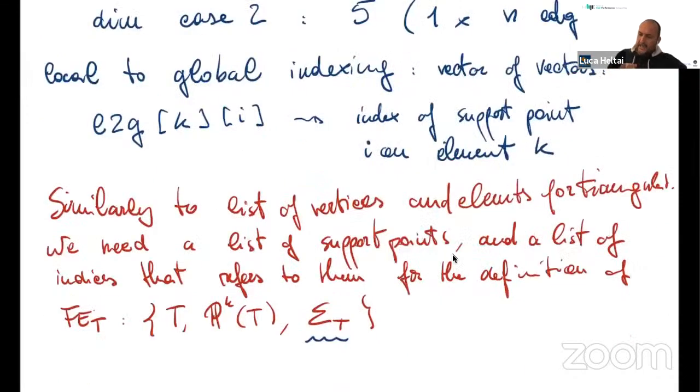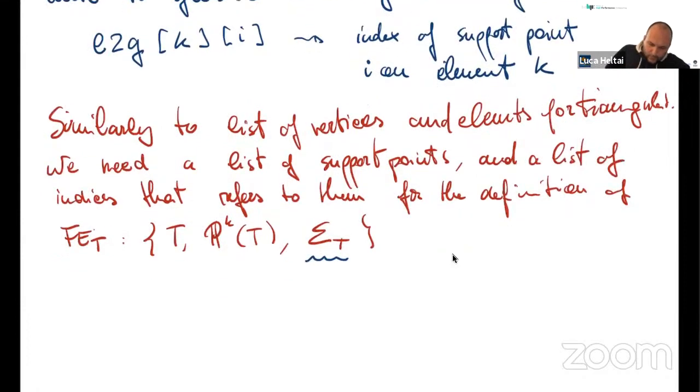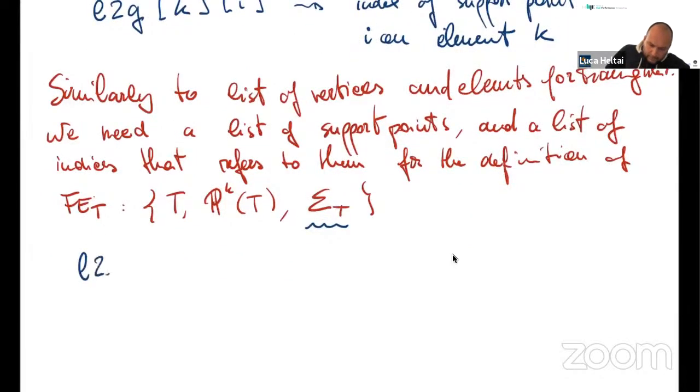Local to global K I is the index of support point I on element K. For local to global, I will use the mathematical notation instead of the computer notation now. I'm saying here that L2G K I, in our case, has K going from 1 to 2, and I going from 1 to 3.